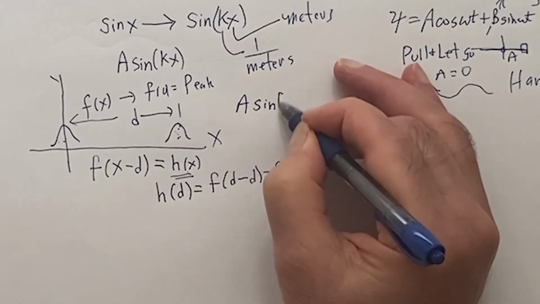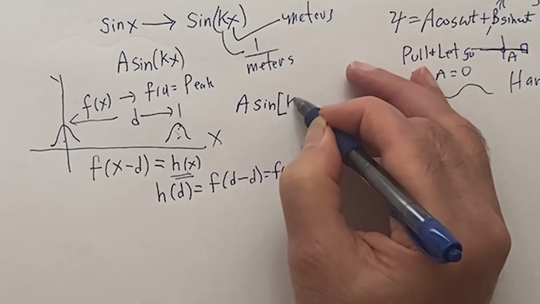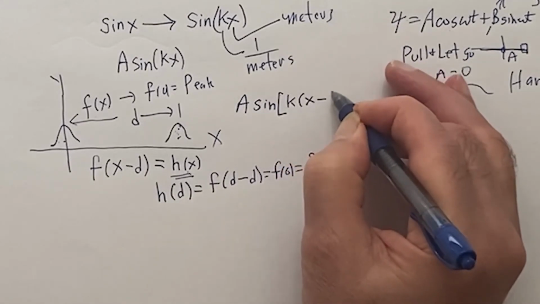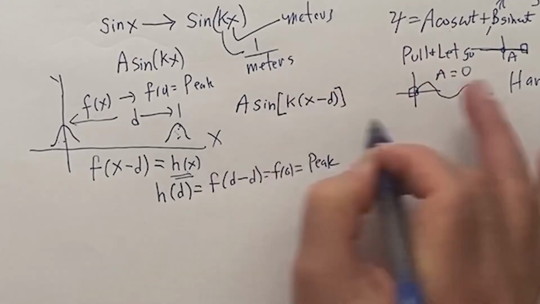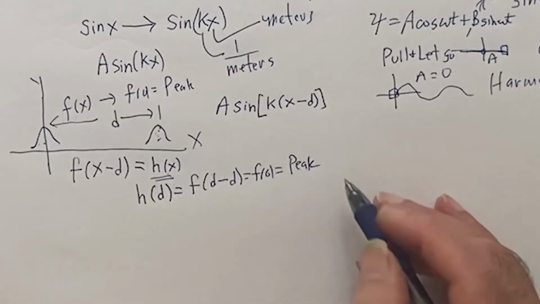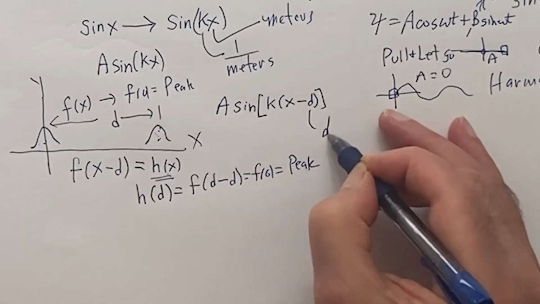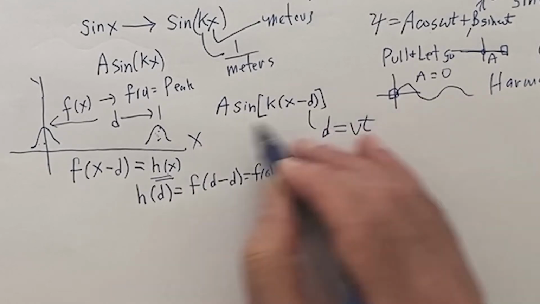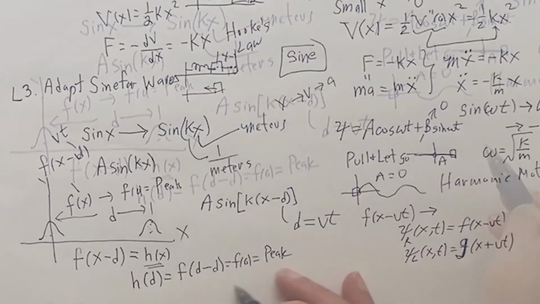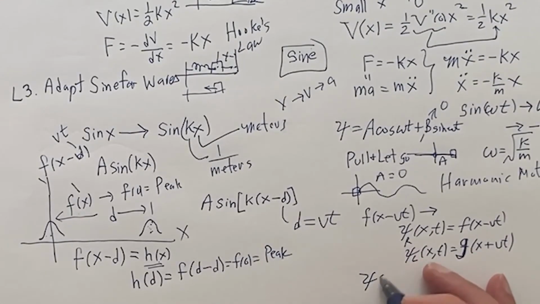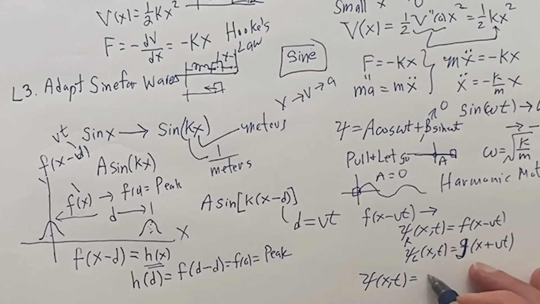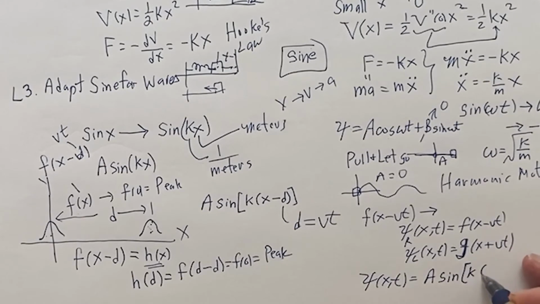I could take my x minus d, and now I have a sine wave shifted to the right. Now all I've got to do is let d equal velocity times time, and I'm trucking along. So our function, if I just write down the one going to the right, has the amplitude A, then sine, and then this would be k.